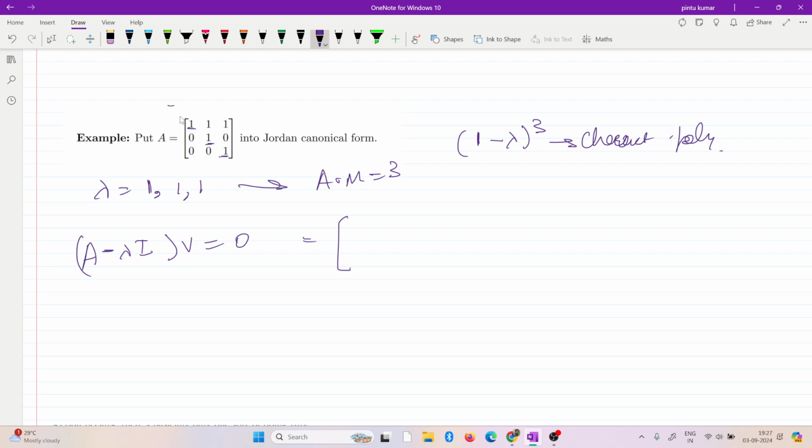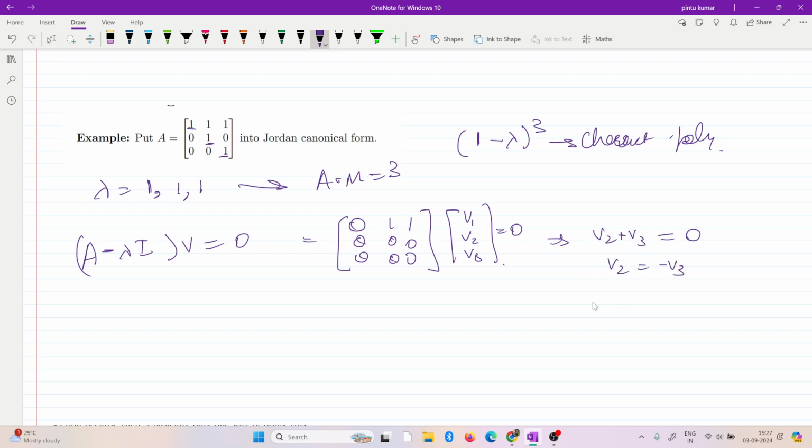So A minus lambda I is given by 0, 1, 1, 0, 0, 0, 0, 0, 0, multiplied by V1, V2, V3. What does this give? This gives that V2 plus V3 is 0, or V2 is equal to minus V3, and your V1 is independent, free.